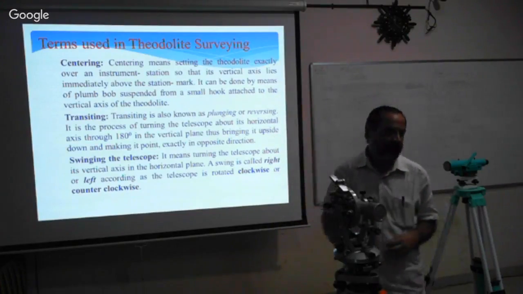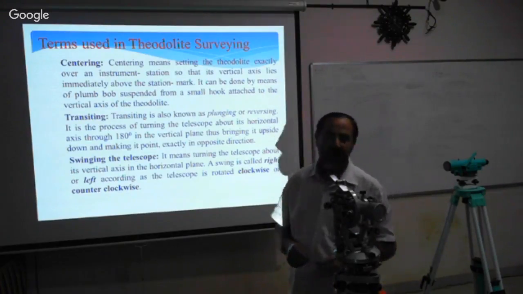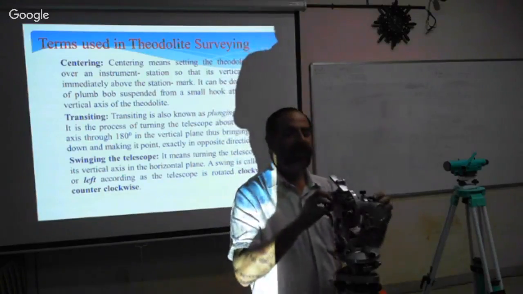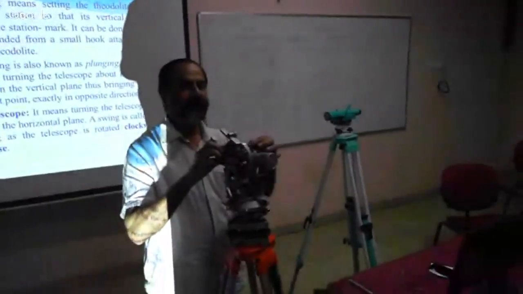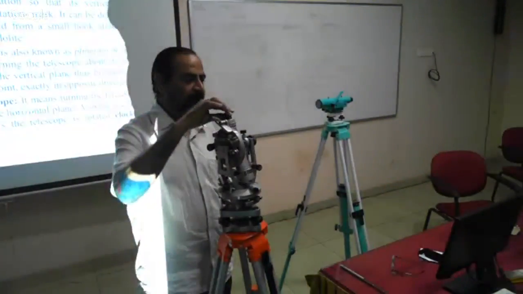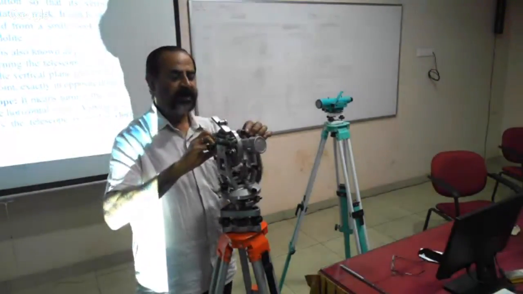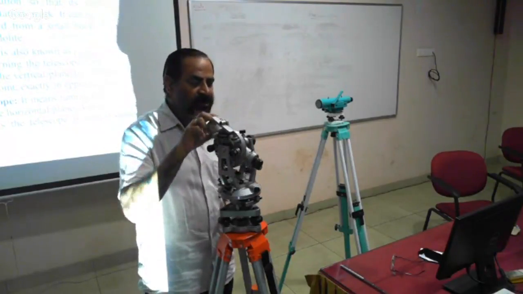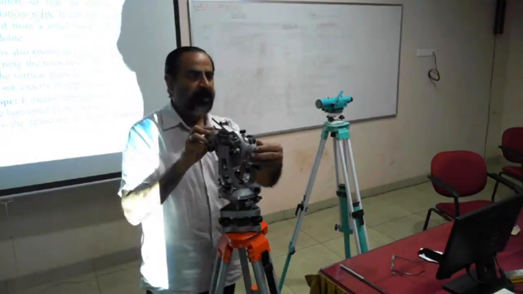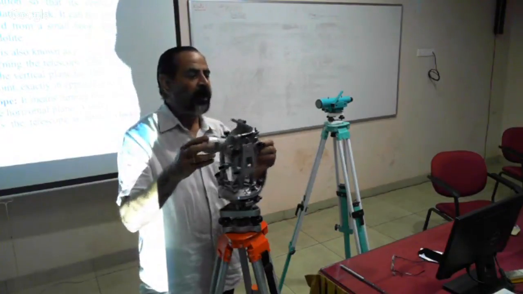Then transiting. Transiting means transit the instrument. When the instrument is rotated, you just change the position of the telescope and rotate it.